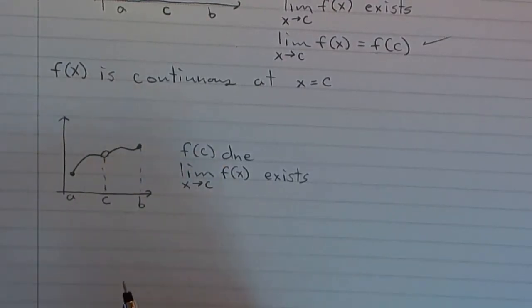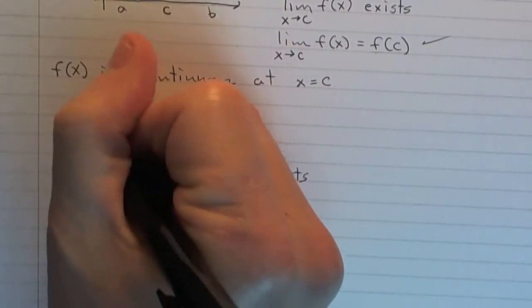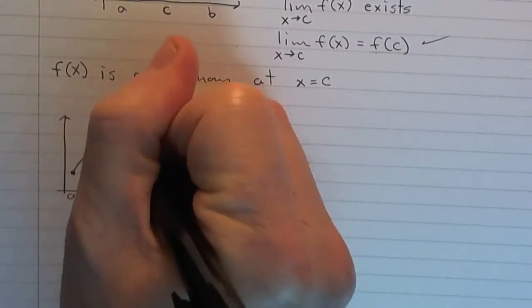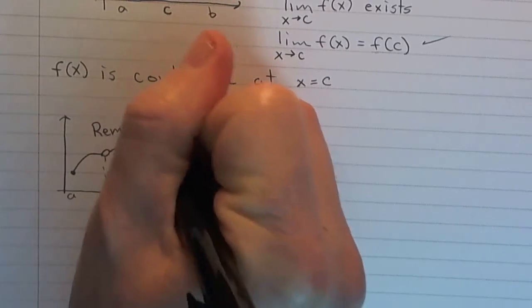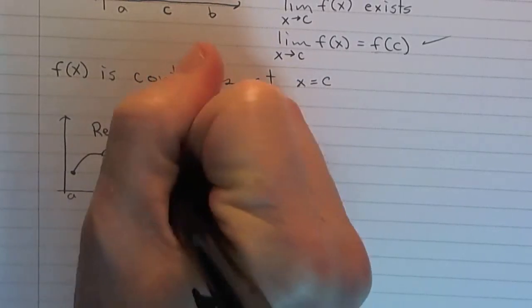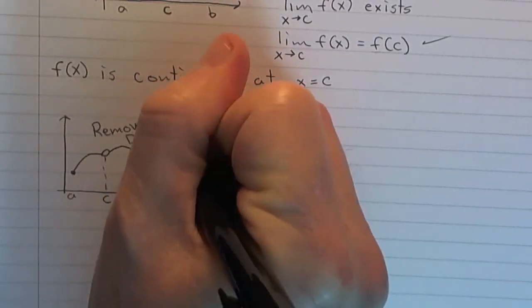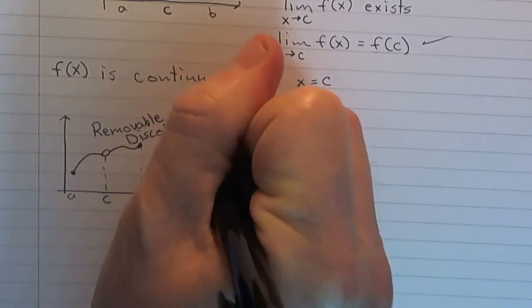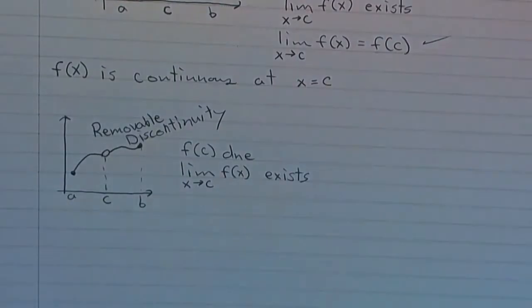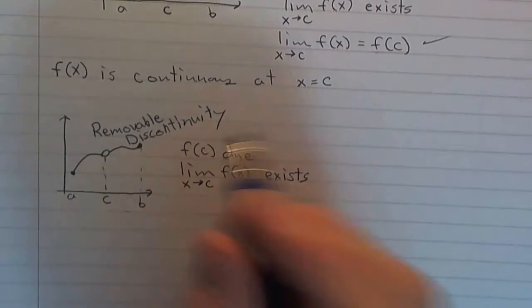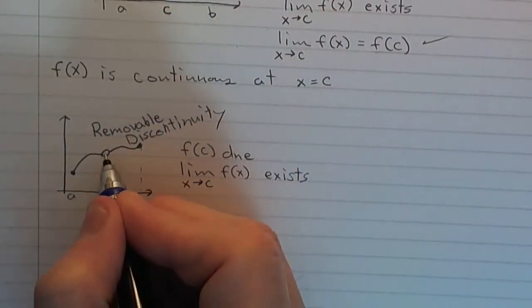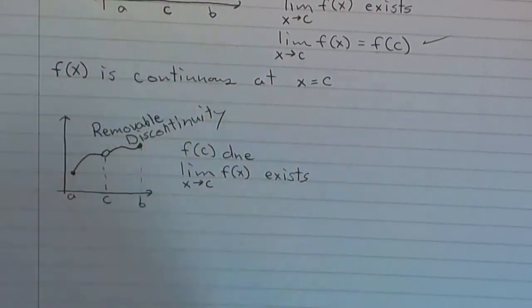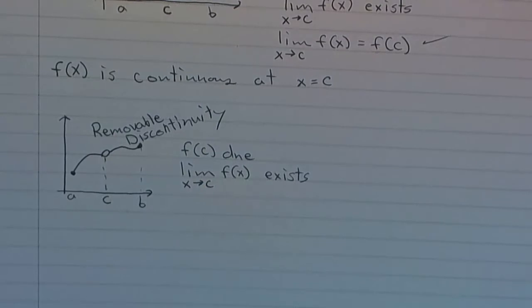This is a hole. And we're going to say this is a removable discontinuity. A removable discontinuity. Because I could remove this discontinuity with just one point. I could just put a point in there and remove it.